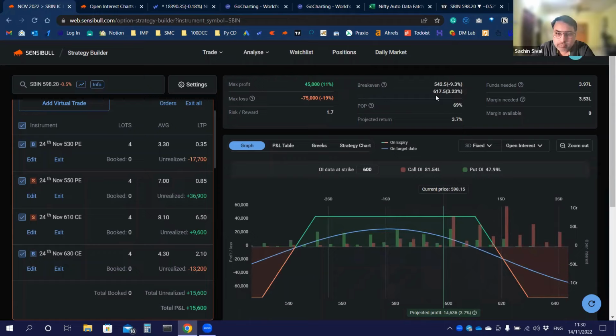Our upper break even was 617.5, and we were following 620. If SBI managed to close above or sustain above 620, we would adjust our strategy. So let's look at the chart.